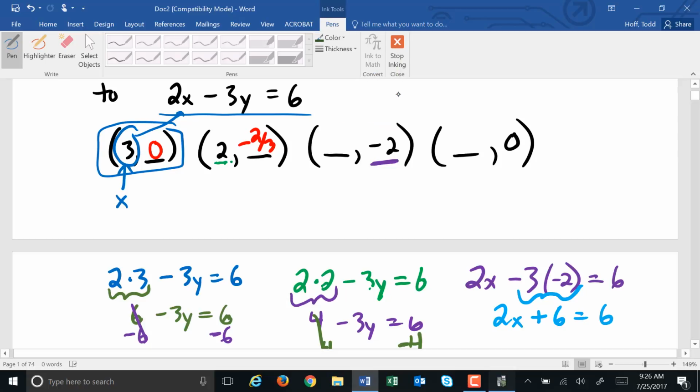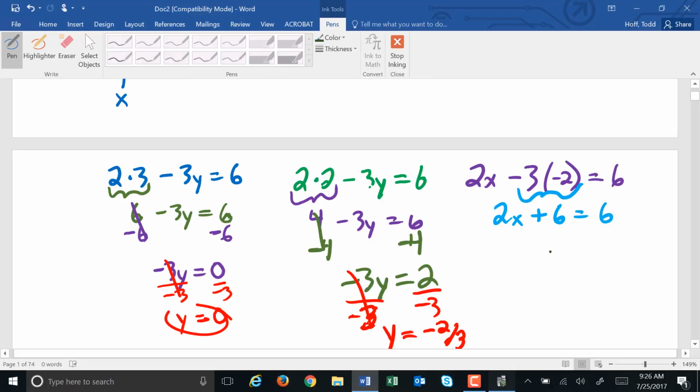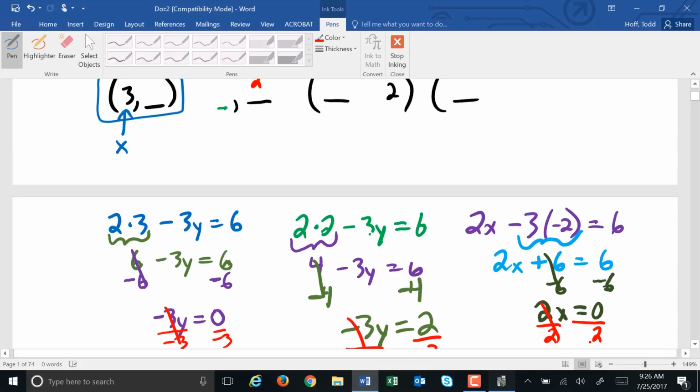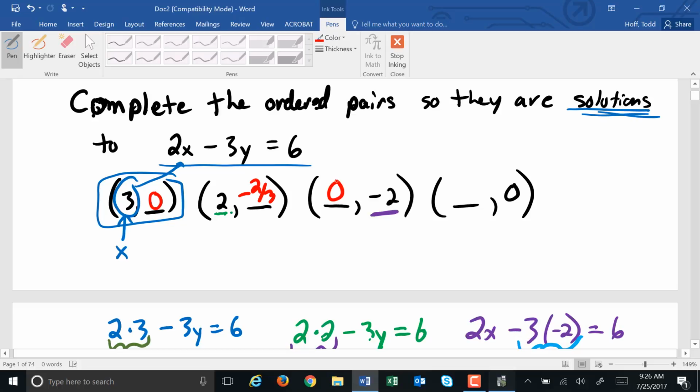Then what? Subtract 6. Two x equals 0. And finally, divide by 2. 0 divided by 2, of course, is 0. So x is 0 there.